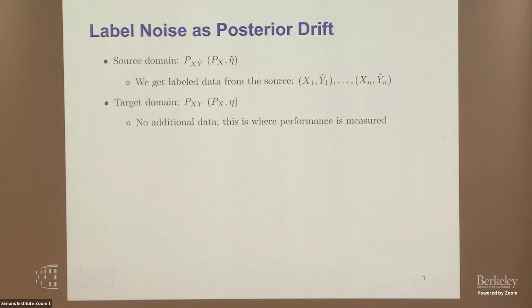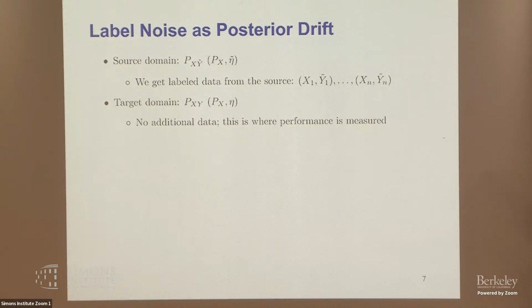So this type of domain adaptation, posterior drift, has been studied a little bit. It's not as well known as covariate shift, and so there's a smaller literature on it. But there's been a little work in trying to devise models that allow you to say something theoretically.